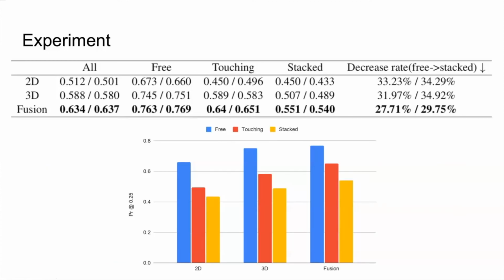According to the result, the performance is negatively associated with the clutter level, indicating that occlusion makes the task more challenging. Also, using 3D signals enhances the overall performance on all clutter levels.